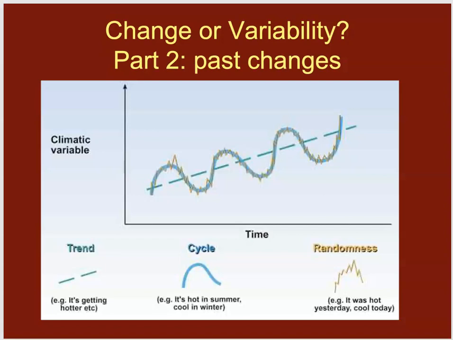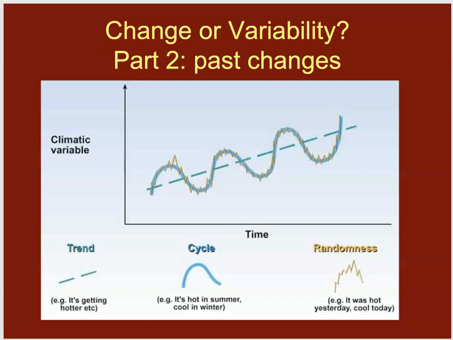This is a very important graph conceptually, not just for this presentation, but for the whole issue of climate change. It's a typical XY graph, where time is on the x-axis and a climatic variable like temperature is on the y-axis.